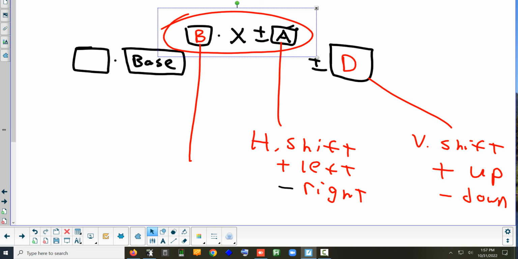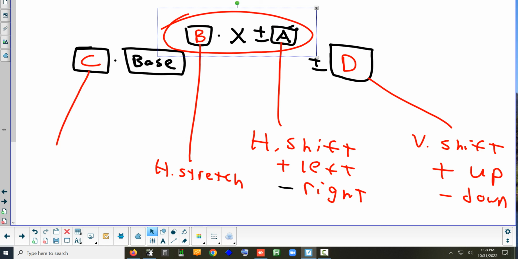Horizontal or vertical? You said vertical? Okay. Anybody agree or disagree with that? Yeah. I think it's a horizontal stretch. It's horizontal. Remember, if it's in the exponent, it's horizontal. So in the exponent is horizontal. So horizontal stretch.